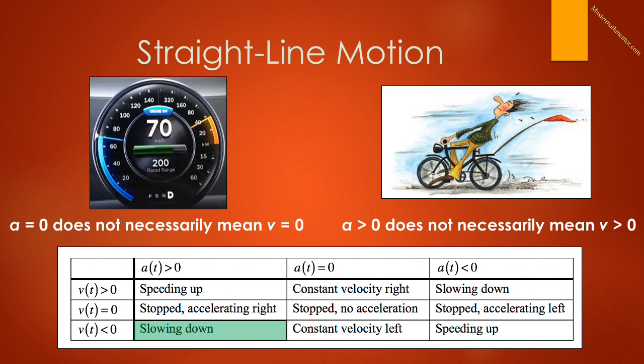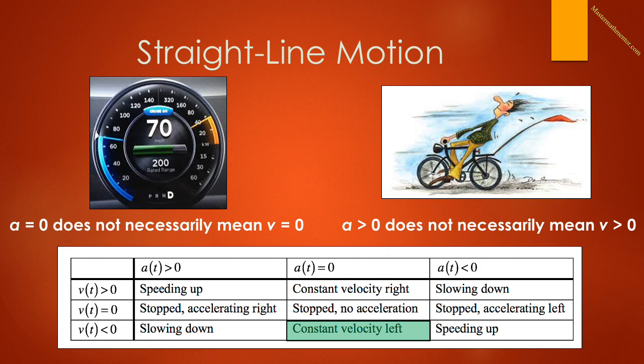If v is negative and a is positive, that means we are moving to the left, but accelerating to the right. That means we are slowing down. If v is negative and a is 0, that means we are moving at a constant velocity to the left.